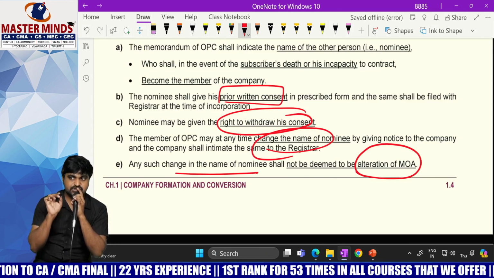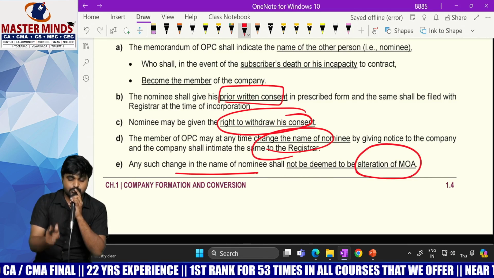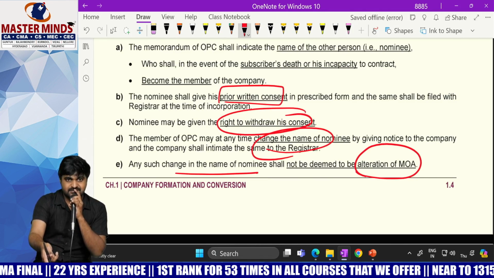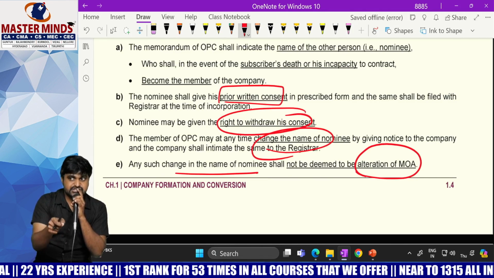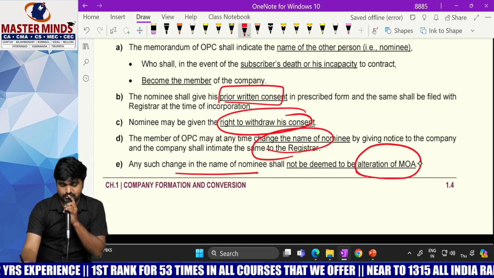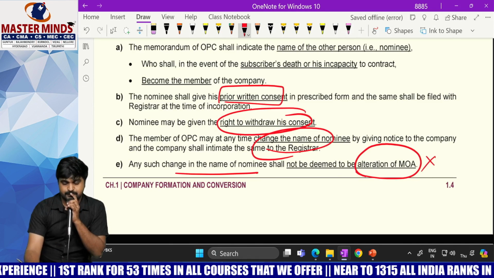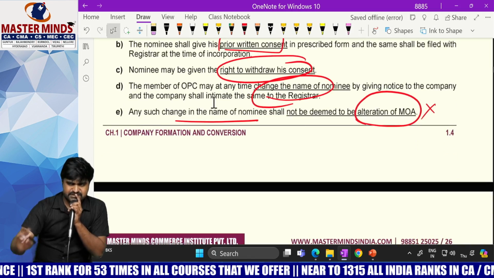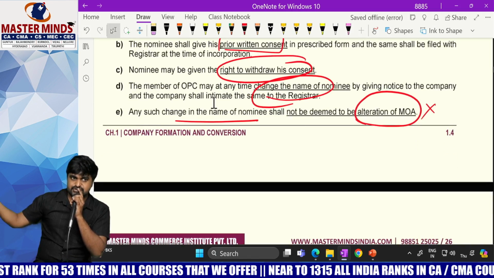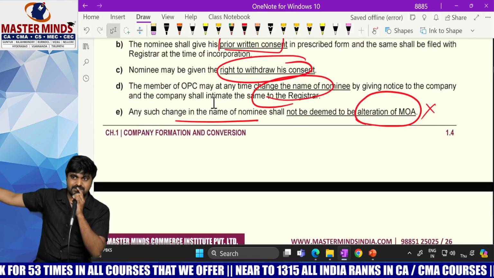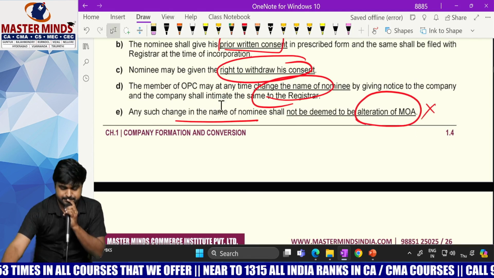So what is that extra clause? Nominee clause. Now you are changing nominee here. So can I call it as alteration of MOA? No, this is not alteration of MOA. So every change in MOA will be called as alteration only. But change of name of nominee is not an alteration.